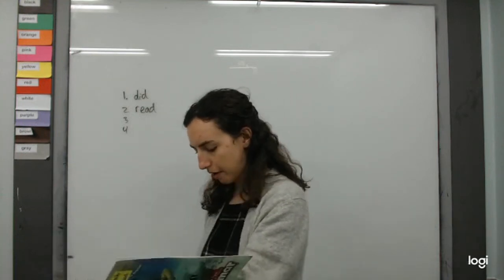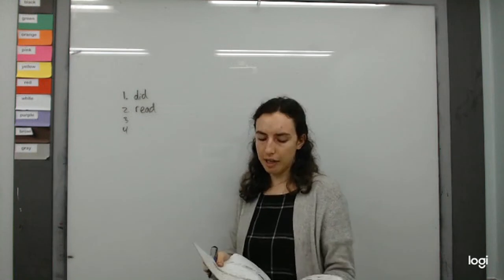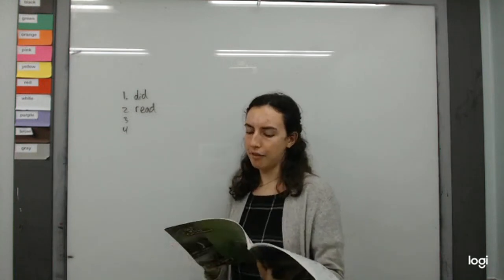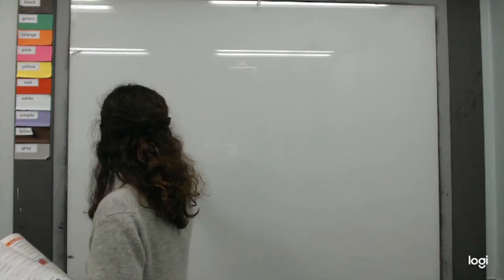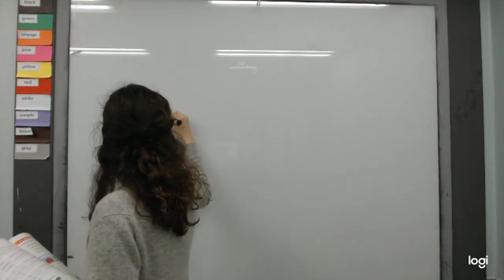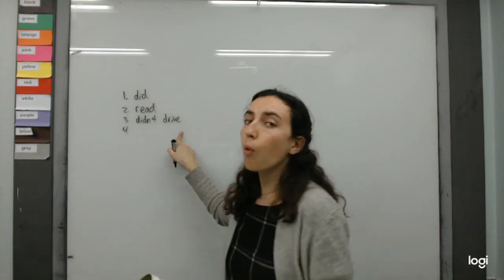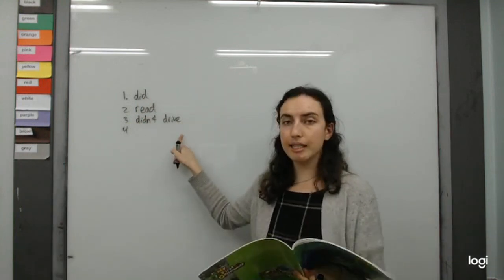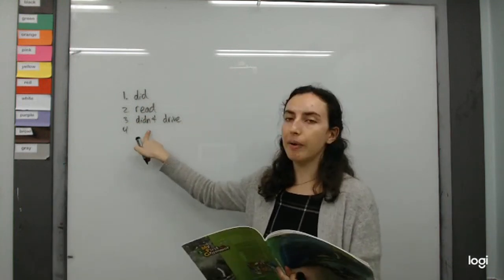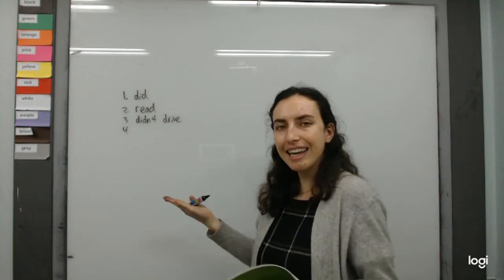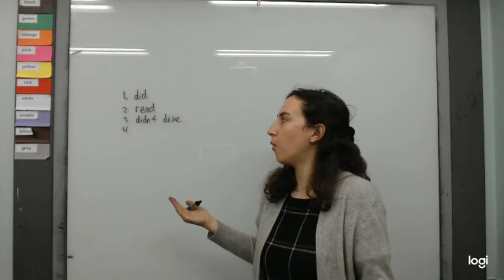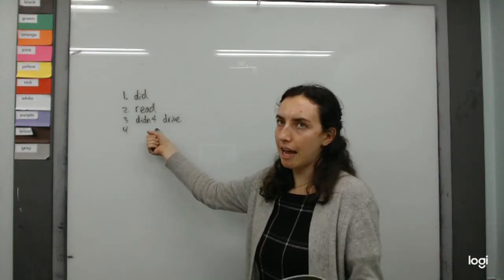Oh, no, sorry. Number 3, he didn't drive to work yesterday. He took a taxi. And we know he didn't drive because he took a taxi. So that is how we know we have didn't. He can't take a taxi and drive, so he must not have driven.